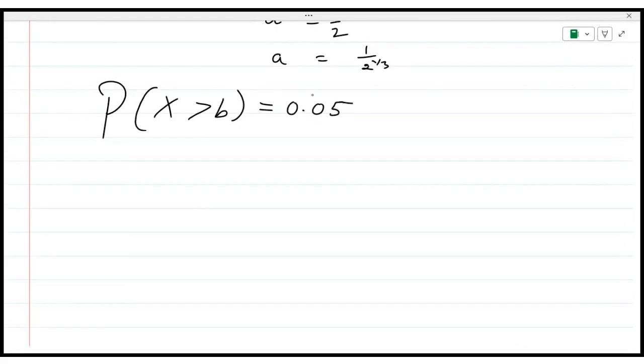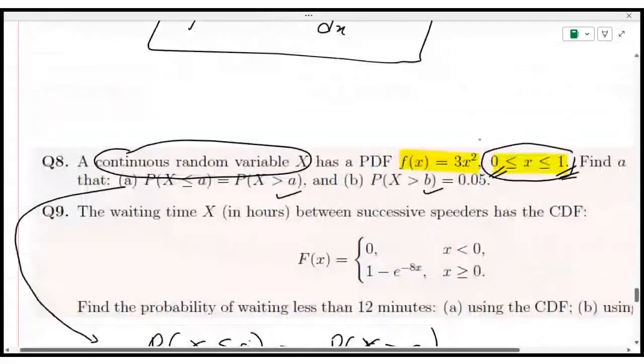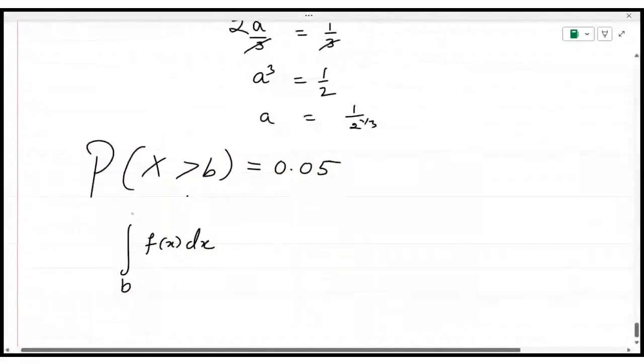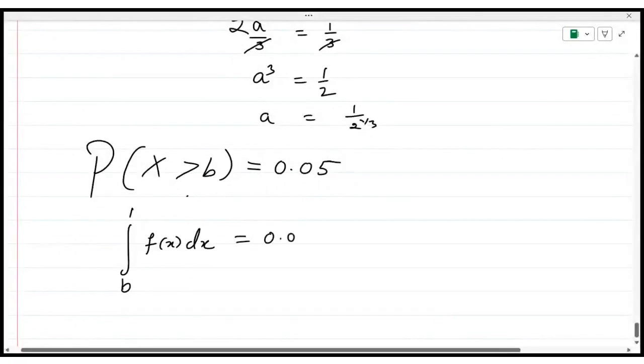Because it is a continuous random variable, we find the probability by doing the integration of the probability density function. Now from where to where do we have to integrate? The minimum value is b, and you can see in the question the maximum value of x is 1. So we have to do the integration from b to 1, and this is given equal to 0.05.